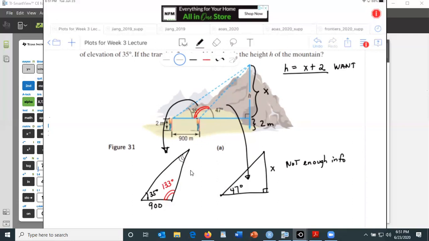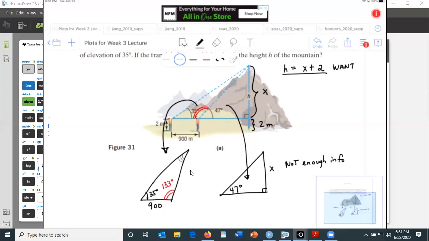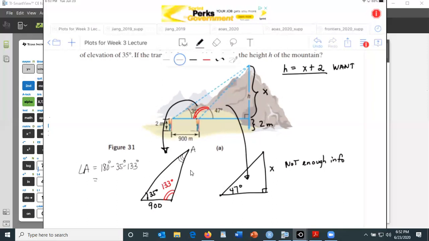So let's call this angle A. Angle A would be 180 minus 35 minus 133 degrees, which is 180 minus 168, so that's 12 degrees. Now you fill it in, because now we know it.